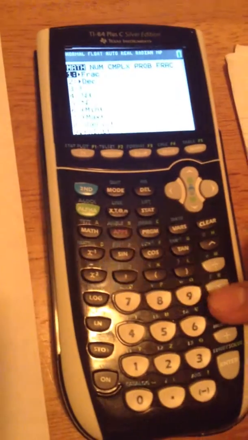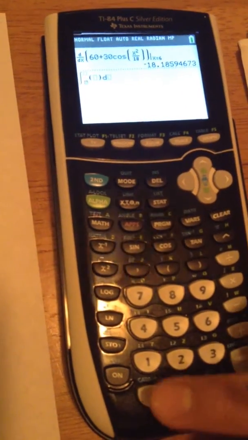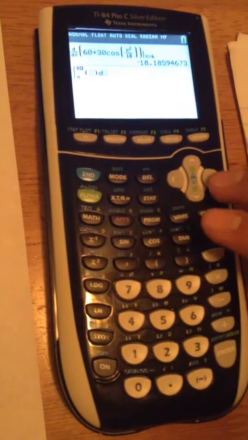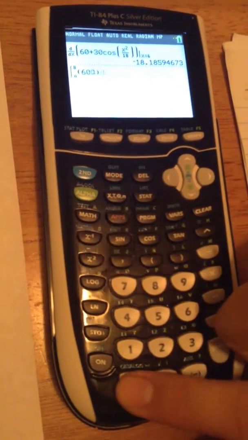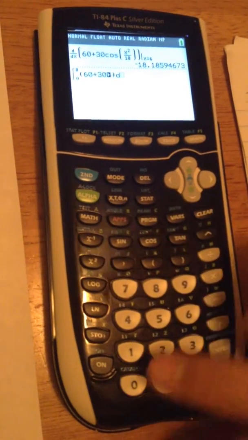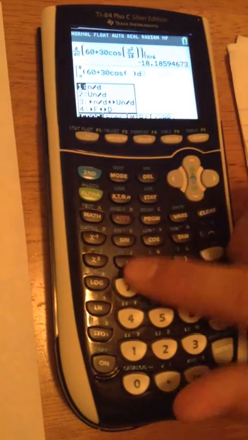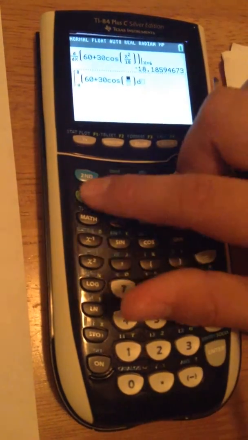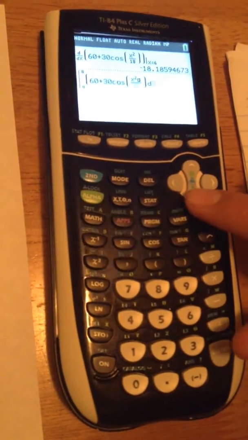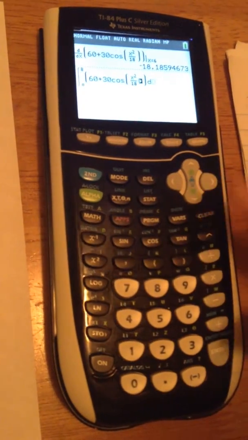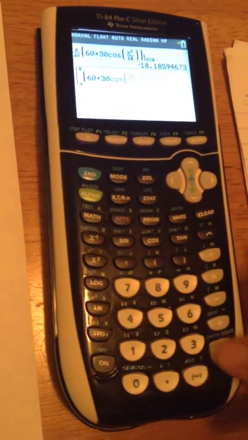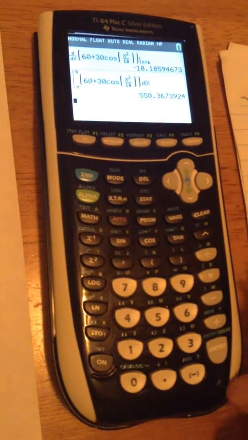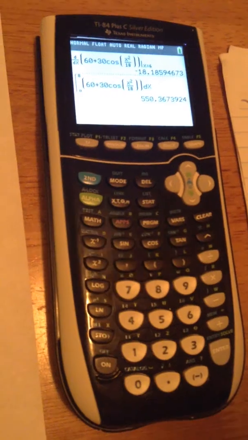So Math 9, and we plug in the range, which is 0 to 8. And we plug in the equation 60 plus 30 cosine x squared over 18 dx. And we press enter. And then that's what we get.